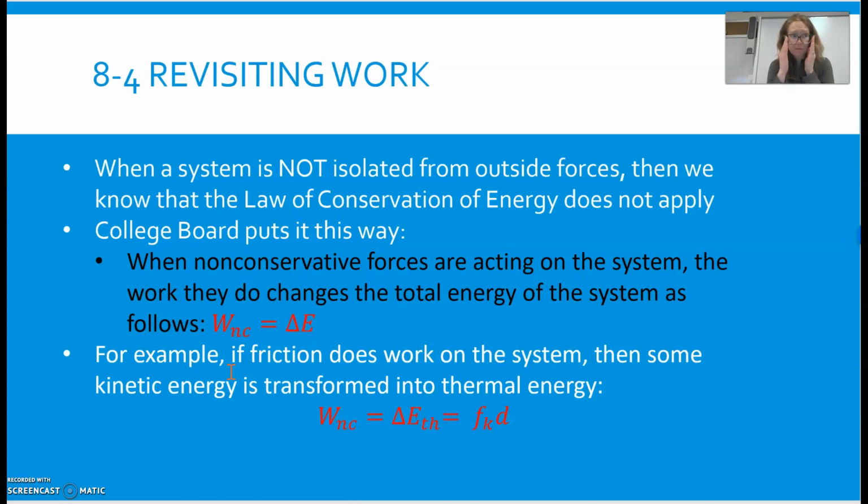Your decrease in kinetic energy is going to become a rise in thermal energy. And then we could analyze that by taking a look at the force of friction times the displacement.